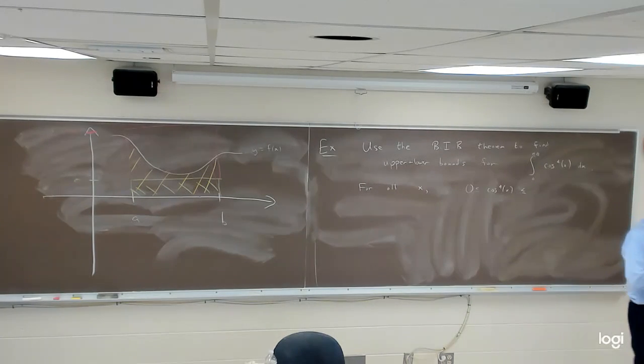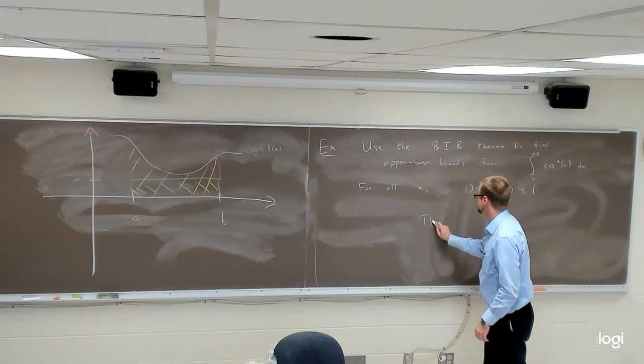How big could it be? How big do cosines get? 1. I didn't say they had to be very sharp bounds, but at least this is true. Cosine to the fourth is always between 0 and 1.